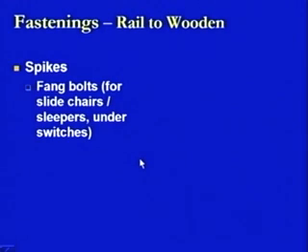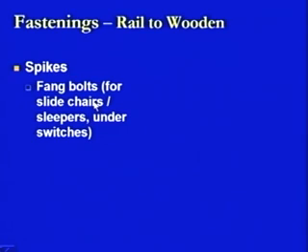The other category in the case of spikes is fang bolts. These fang bolts are mostly used for the slide chairs or the sleeper connectivities under switches. Now, these slide chairs or switches are the devices which are mostly used at the places where the direction change of a track is to be provided, and those locations are termed as points and crossings.